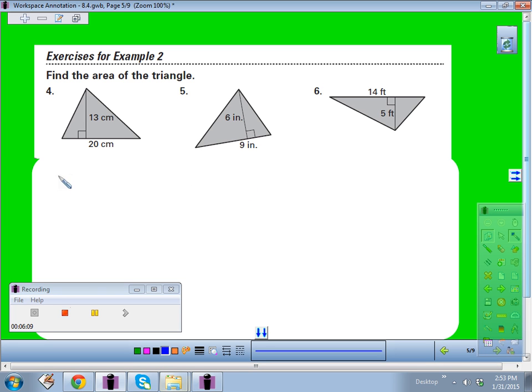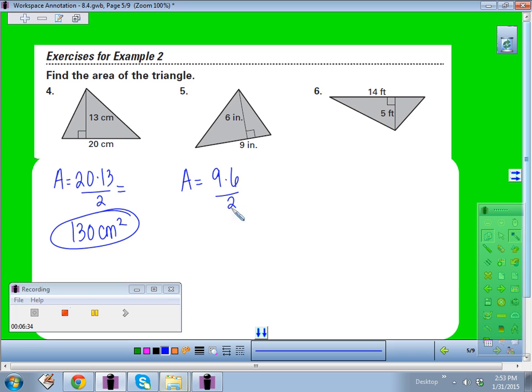So on number 4, the area would be 20 times 13 divided by 2, which should give me 130 square centimeters. Number 5, area is base times height divided by 2, 9 times 6 divided by 2.